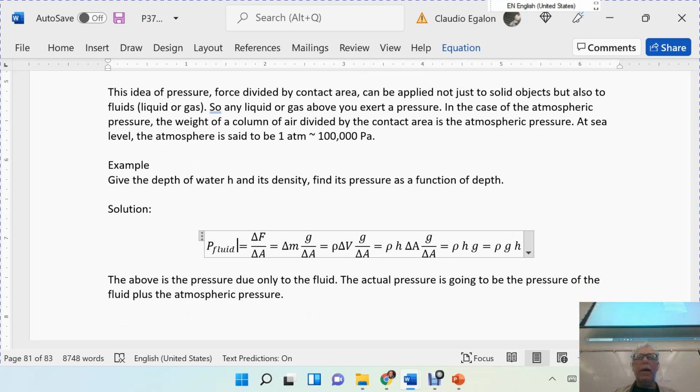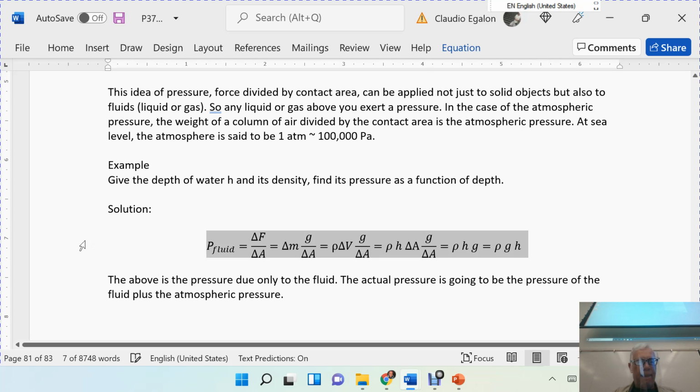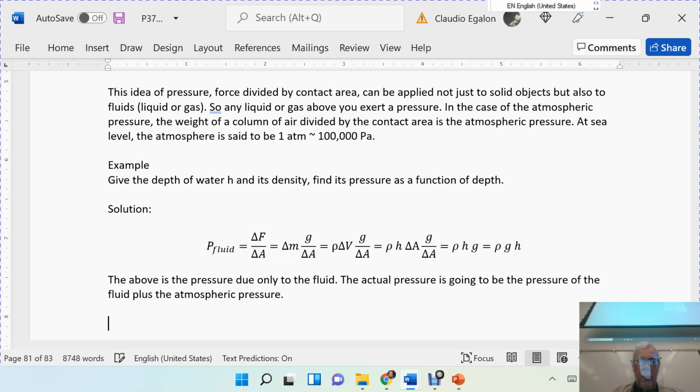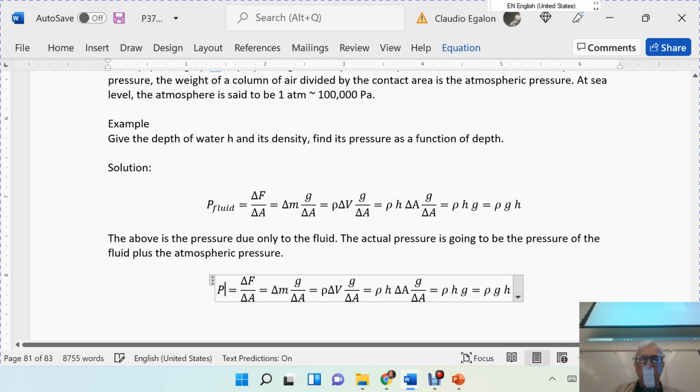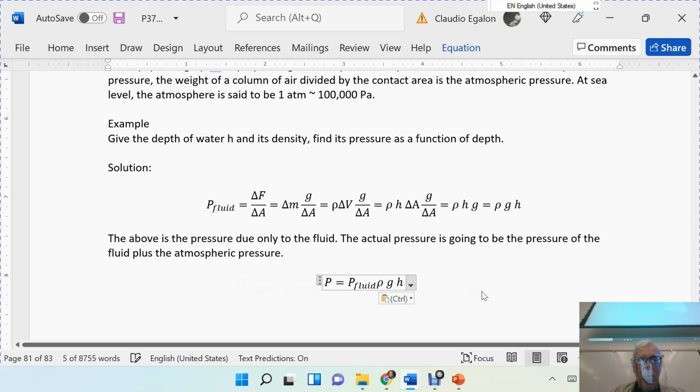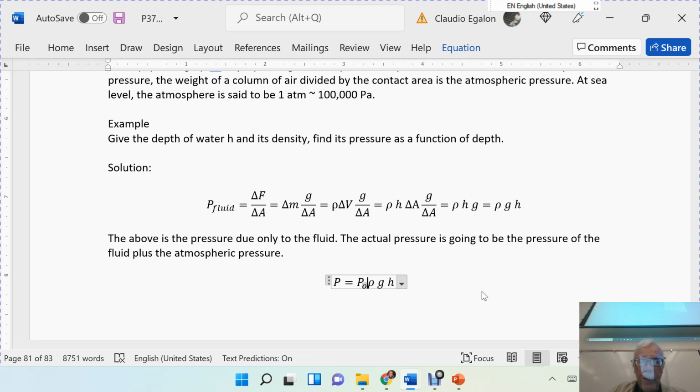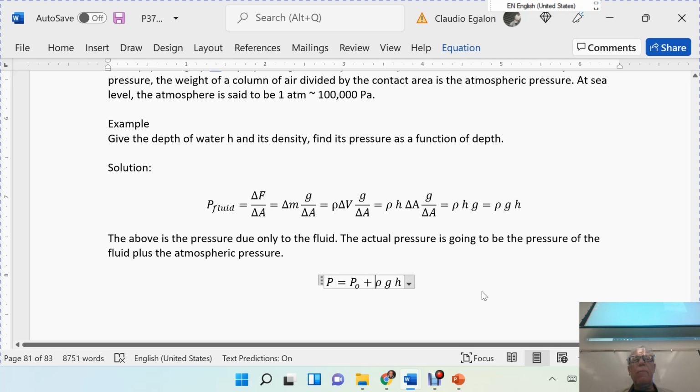That will be the pressure due to the fluid only. The net pressure is just the sum of them: the atmospheric pressure, which I'm going to call P naught, plus the fluid pressure, rho g h.